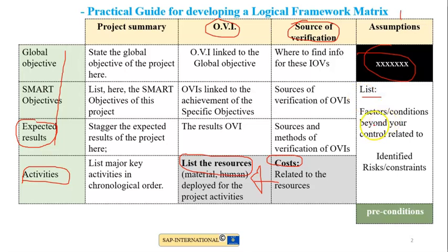And then here you are to list the factors or conditions beyond control. So note here when I talk about beyond the control, it means when you are analyzing the risks of your project, you will need to come up with the strategies.